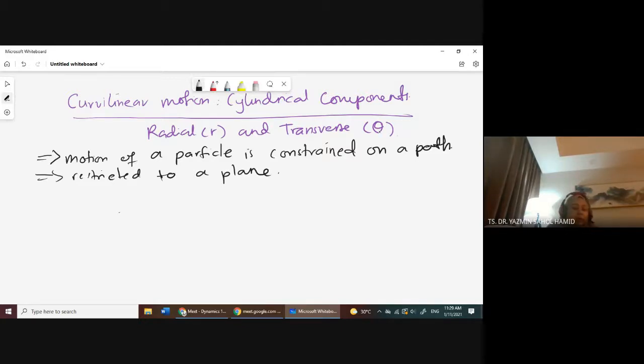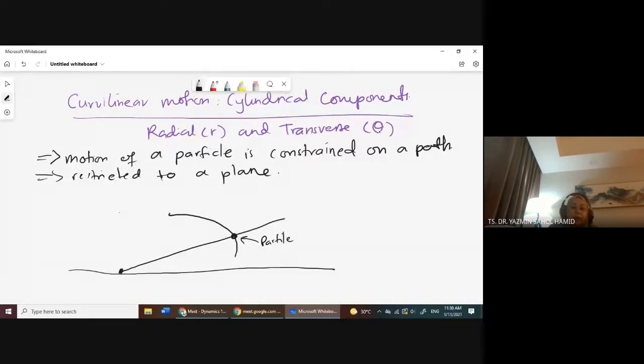Okay, so a good example is if we draw the diagram. Let's say we have an origin point here, and then we have a particle. Let's say this is our particle that we are investigating. This origin has a horizontal axis like that, and this particle is moving along a curved path like that.